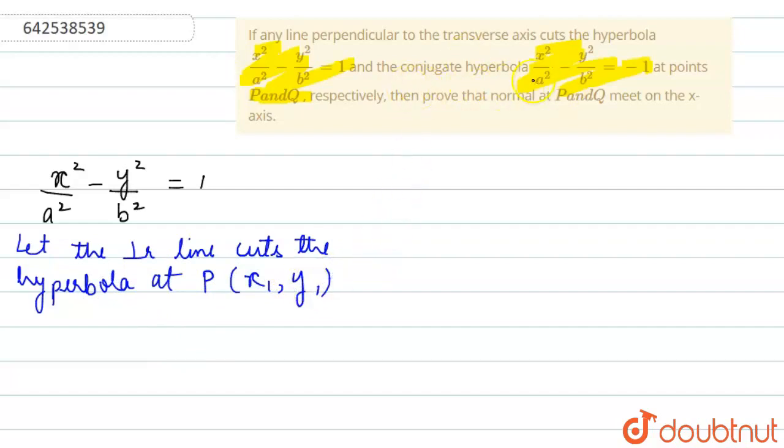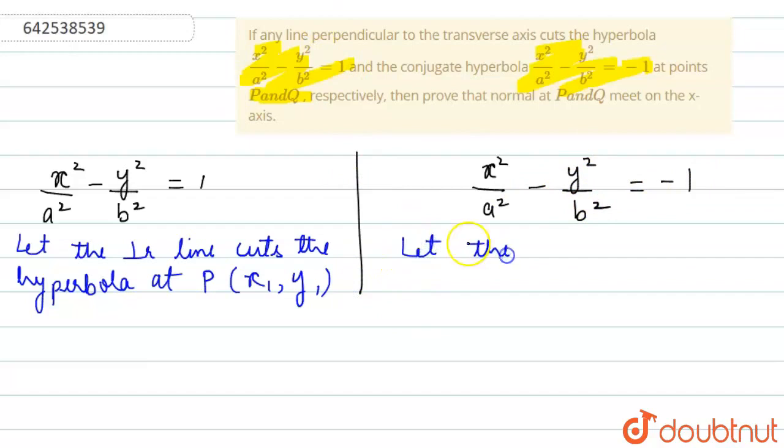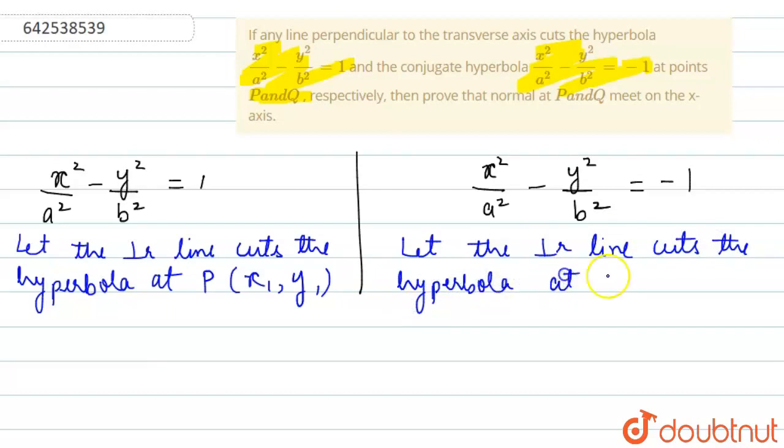We have another hyperbola whose equation is x square upon a square minus y square upon b square equals minus 1, and let the perpendicular line cut this hyperbola at Q, which is the point x1, y2, and this is the conjugate hyperbola.